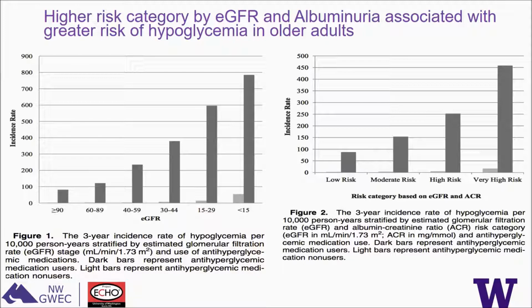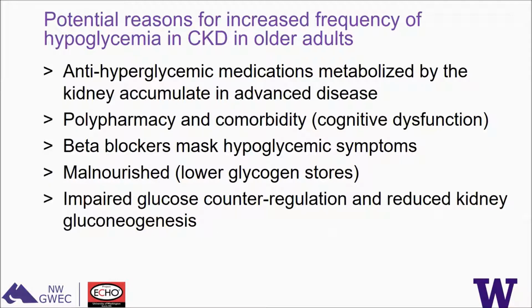There's also a recent push to consider continuous glucose monitoring in these patients who are rather complicated and prone to hypoglycemia. So have a low threshold to potentially refer these patients to endocrinology clinic if you're worried about frequent hypoglycemic events. In this large retrospective study, they also looked at, in older adults, what was the incidence of hypoglycemic events with reductions in GFR.